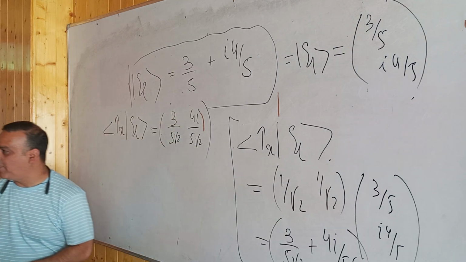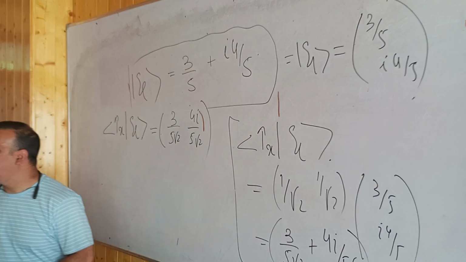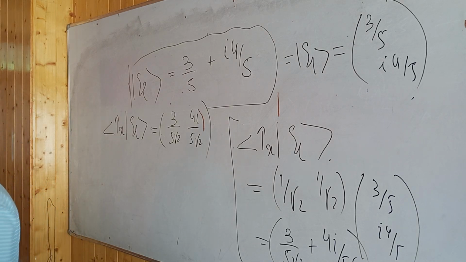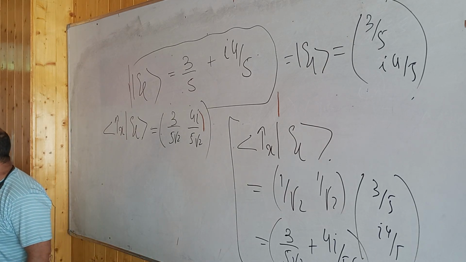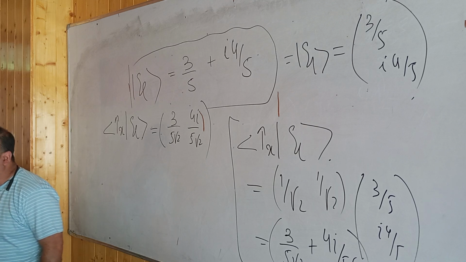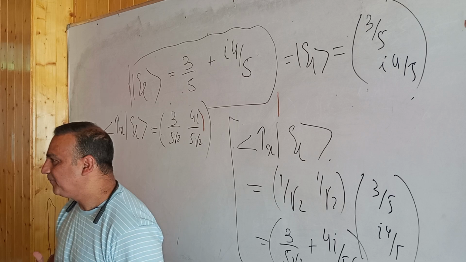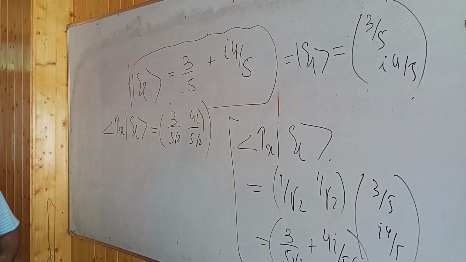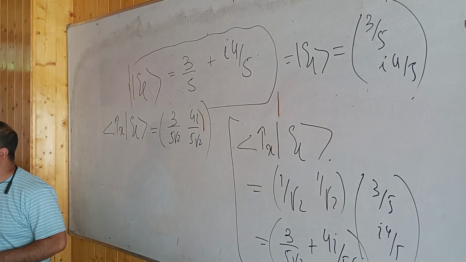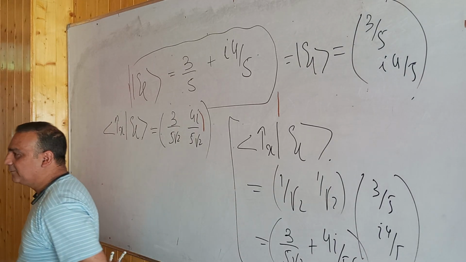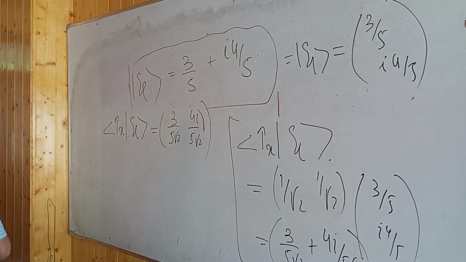What is my question? What do I want to calculate? I want to calculate the probability that the particle will have spin up along the x component. That's my question. So how will I calculate that now? Of course, I will take the square.